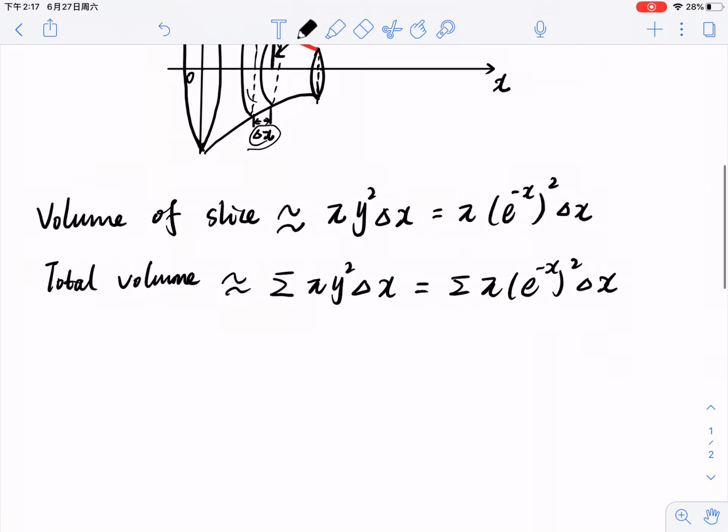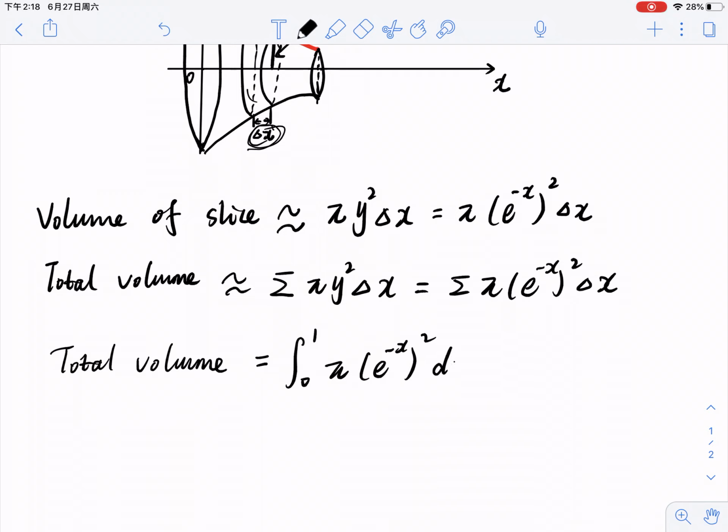So as the thickness of each slice tends to 0, we get the total volume is equal to the definite integral from 0 to 1 of pi e to negative x squared dx. The limits of integration are the values for the variable x, so x is from 0 to 1.